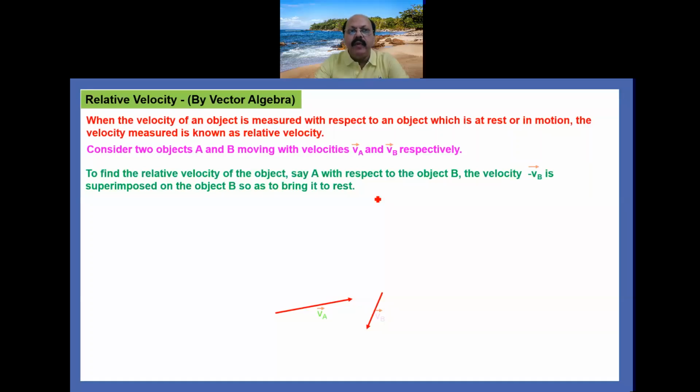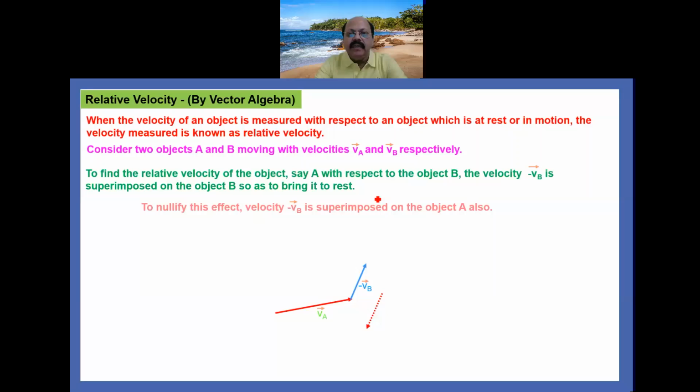Whenever you have to calculate the relative velocity of one object with respect to another, the object you are taking as reference has to be brought to rest, and we do that by adding its negative velocity so that it comes to the rest position. And you see here in the diagram, this is the minus VB vector, and you superimpose this onto the A vector.